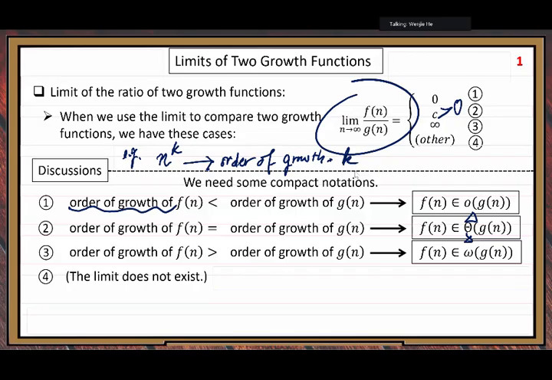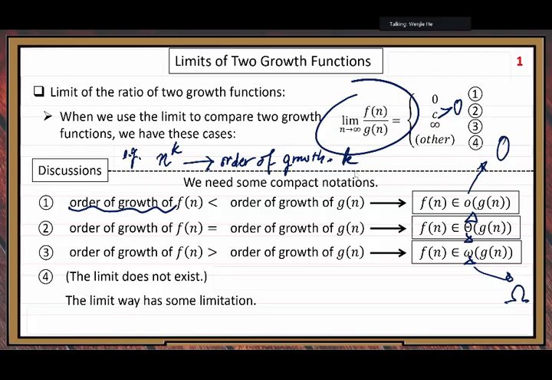Later we will have big O and big omega asymptotic notations. Little omega means the limit of the f function over the g function is infinity. So those are the three asymptotic notations.